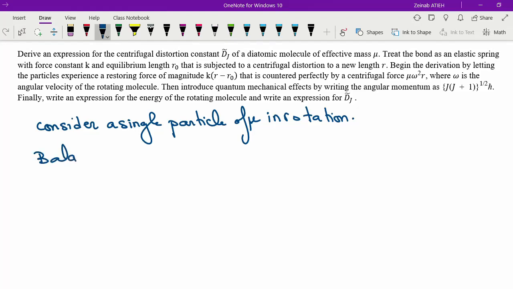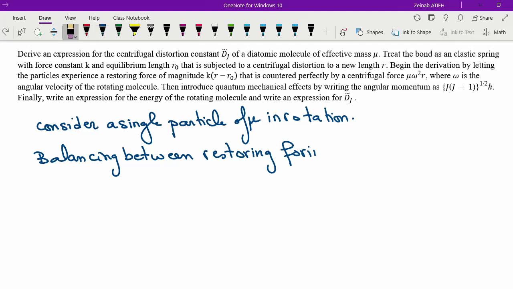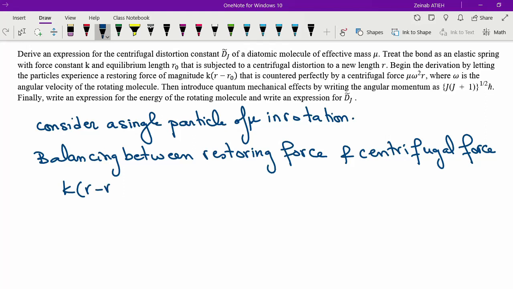Balancing between the restoring force, which is similar to an elastic force, and the centrifugal force, we got k(r minus r0) equals mu omega squared r.